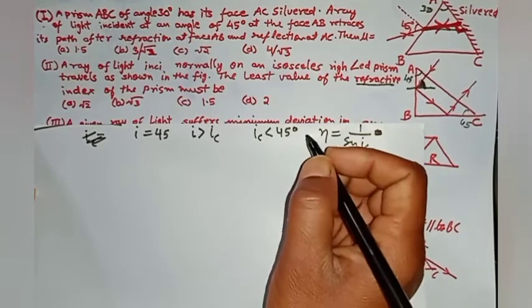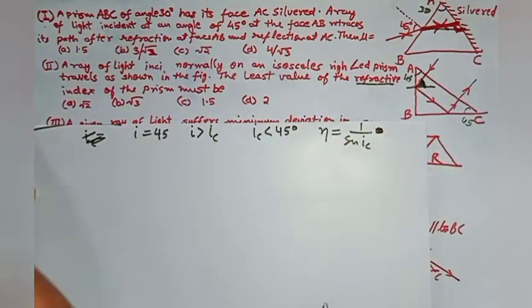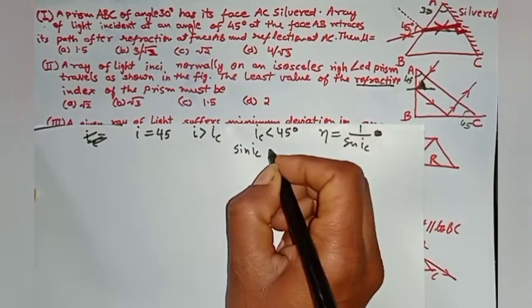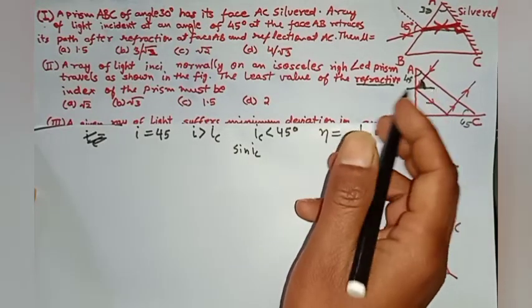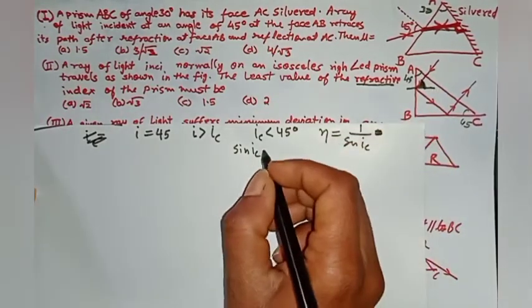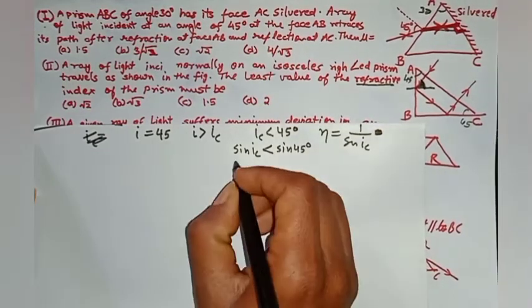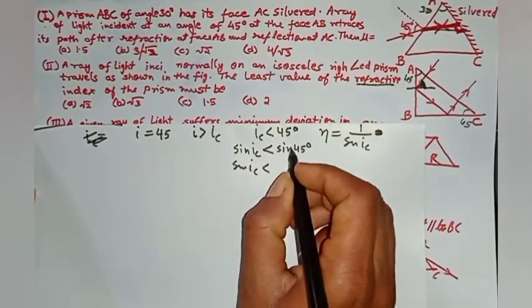What I'm doing is just tossing a coin, I mean, making a guess. I'm taking the sine of this. Sine I_C, whatever the critical angle here, its sine must be less than sine 45. Means sine I_C must be less than 1 by root 2.